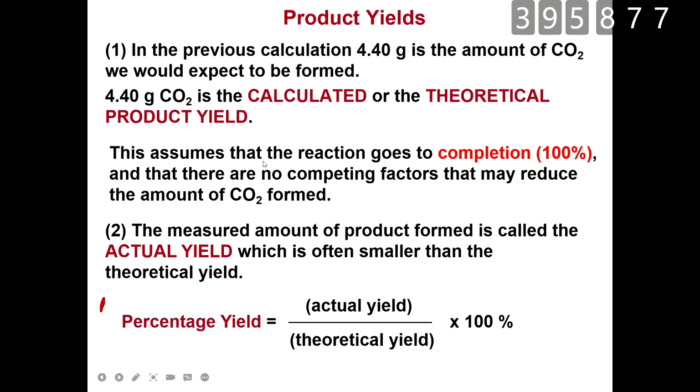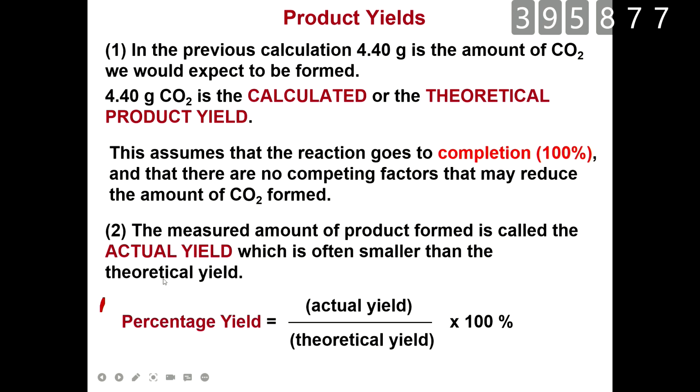This assumes that the reaction goes to completion, and there are no competing factors that may reduce the amount of the product. But in fact, the product may be less than this number.